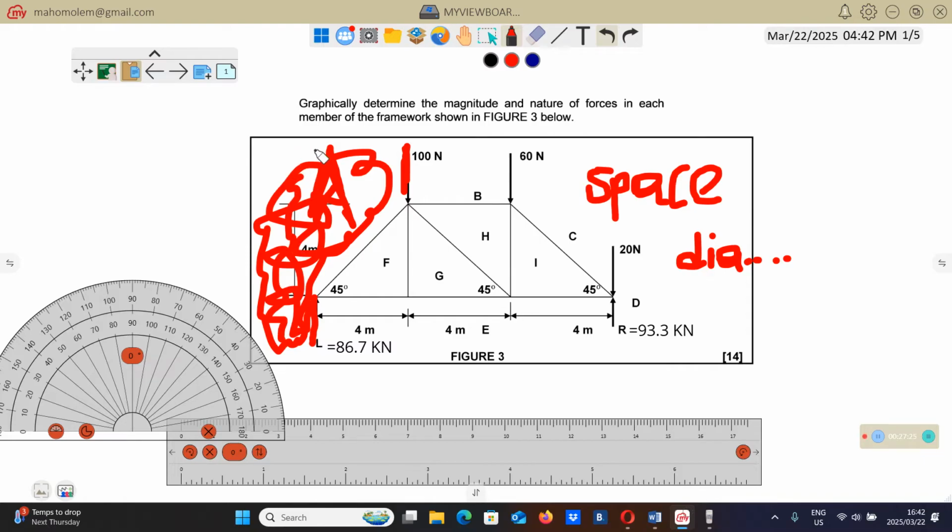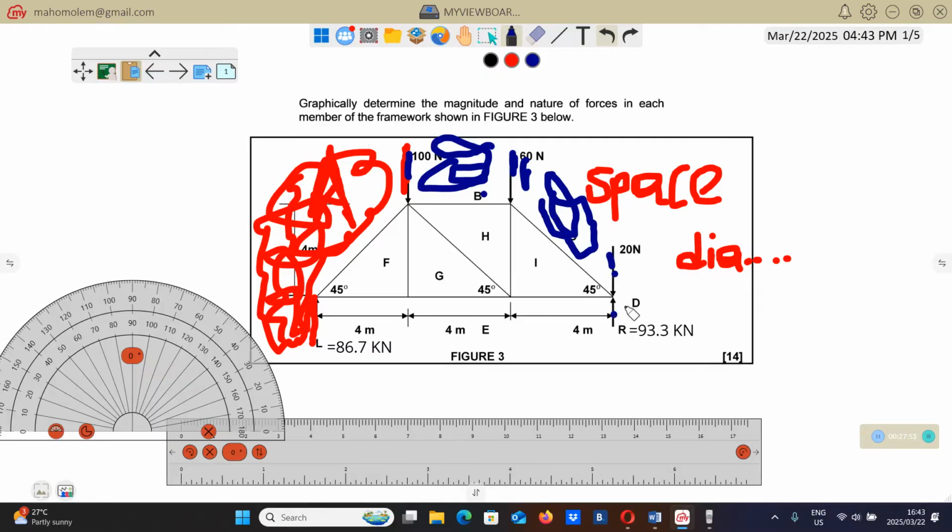So we name the spaces between the forces. Between this force and this force there is a space here, and we're going to call this space B. Again, between this force 60 and 20, there will be a space, which we're going to call C, and so forth.